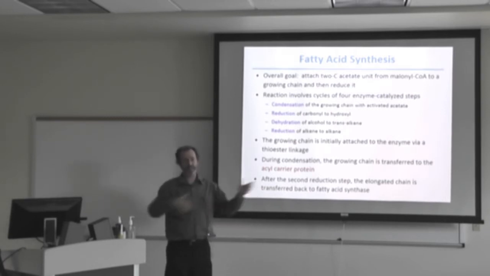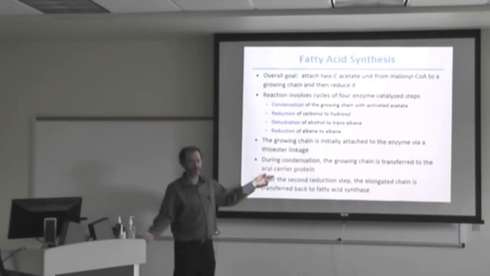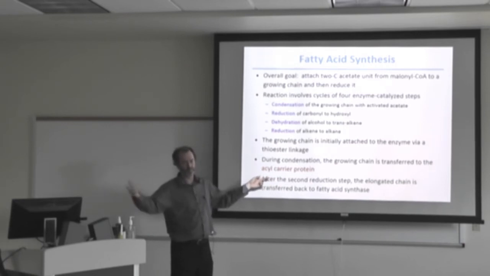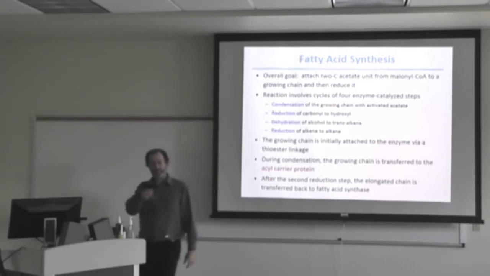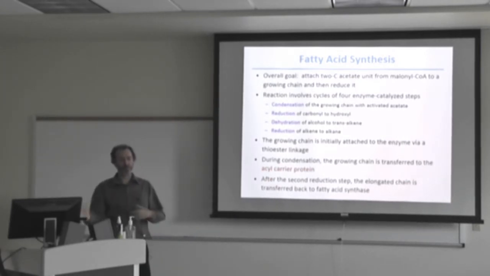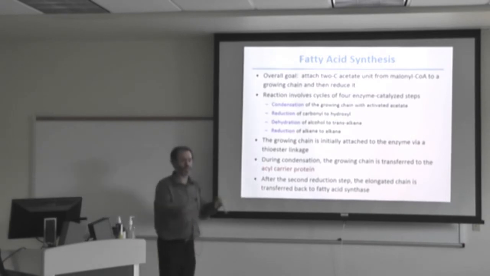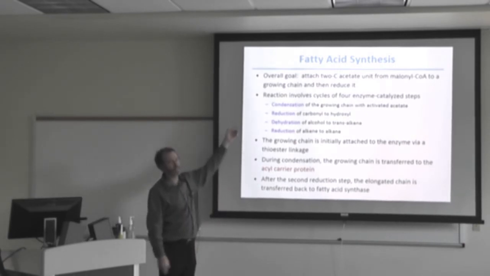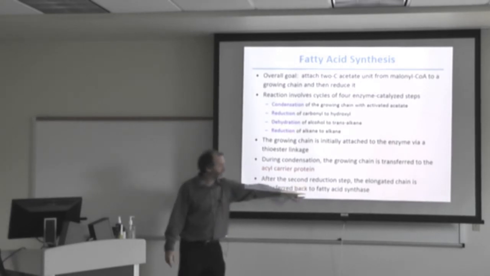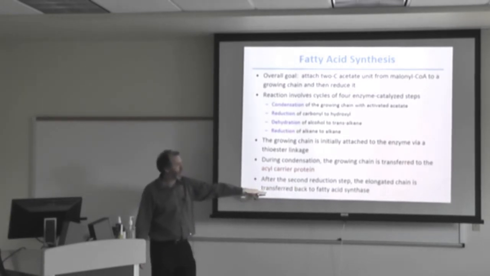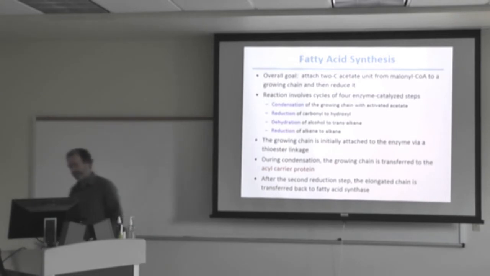It just carries fatty acids around the cell, as in coenzyme A conjugated lipid. But acyl carrier protein is specific for fatty acid synthesis. So rather than using acetyl-CoA, it's a large protein and it all stays with the fatty acid synthase. After the second reduction step, the elongated chain is transferred back to the fatty acid synthase.